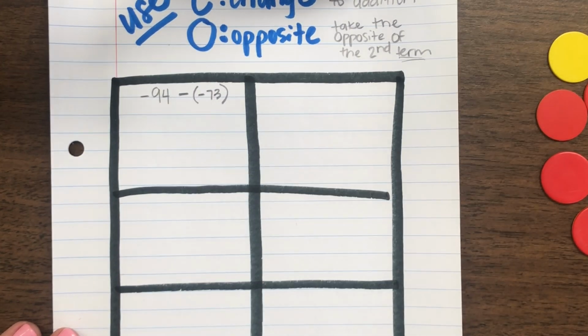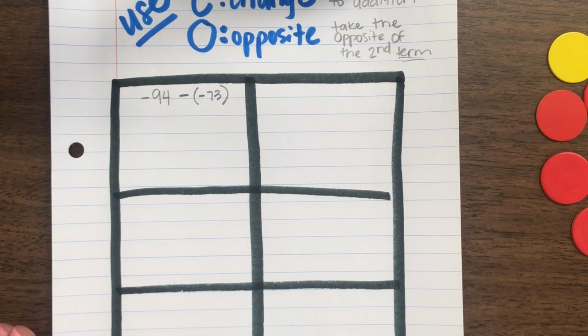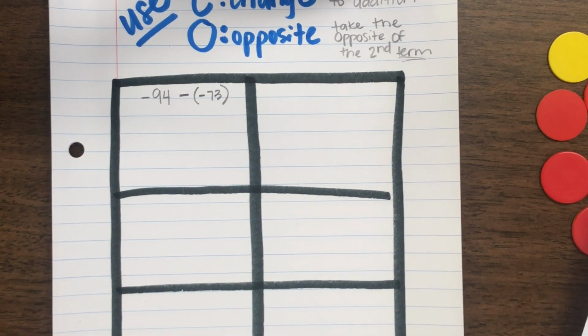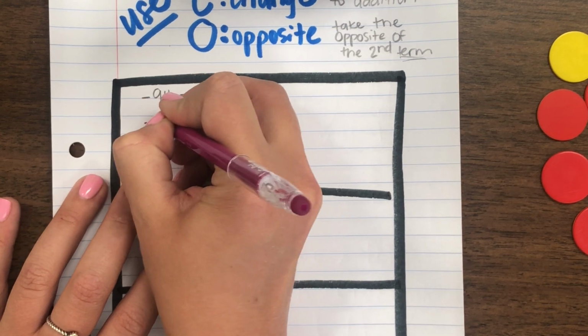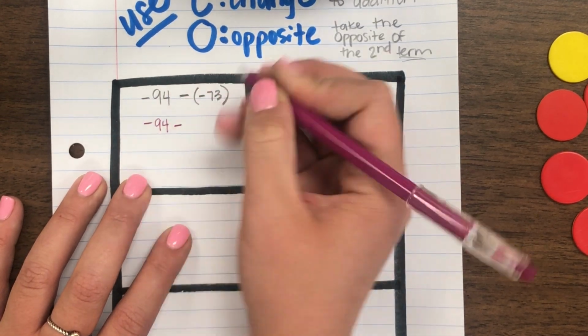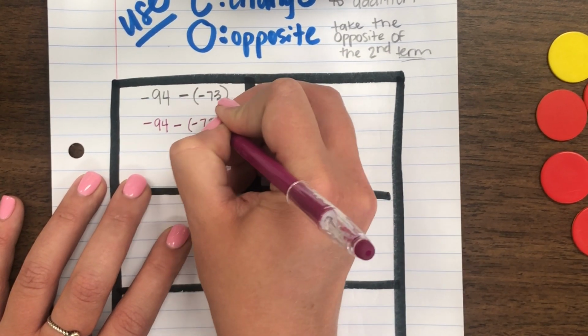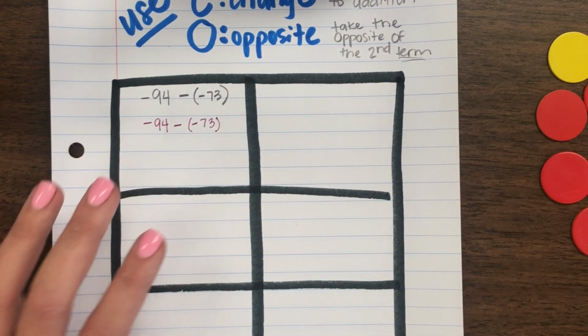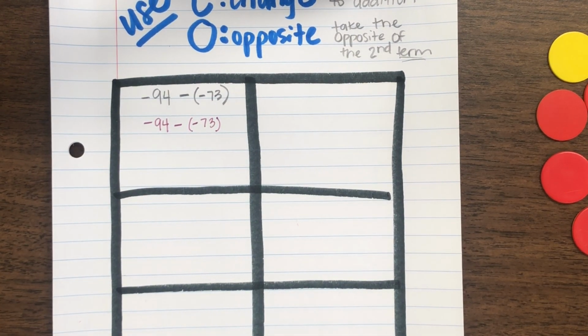So let's rewrite that. I'm going to use this pink one to rewrite negative 94 minus negative 73. And we're going to do our LCO step, okay?